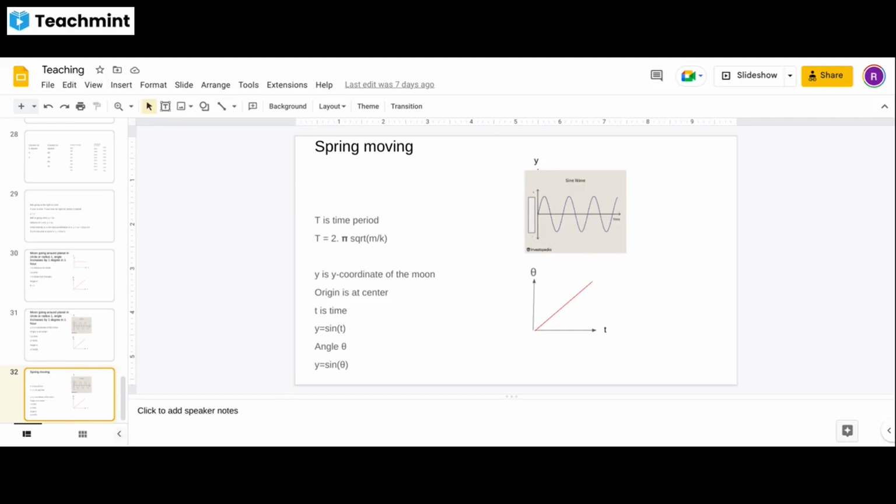Okay, let me ask some random person. Sahana Benny, can you unmute? What do you think will happen if I take a big rubber band and pull it by 5 centimeters, and then another 5 centimeters, and another 5 centimeters? What will happen to the force as you go on pulling?